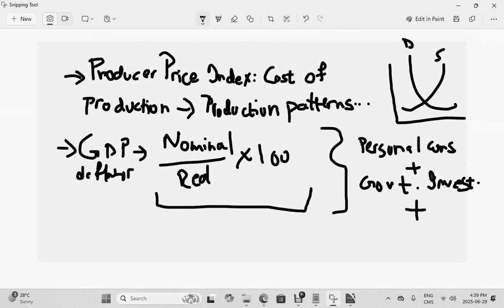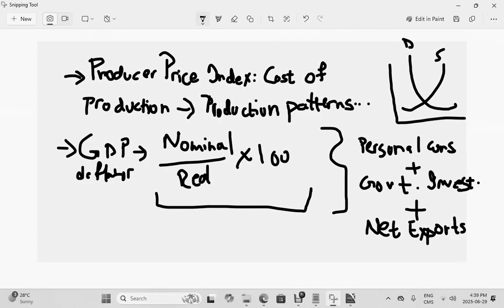Apart from that, you also have net exports, so that's exports minus imports. These are all the factors that make up your real GDP, as well as your real aggregate demand, and the GDP deflator factors in all of them.